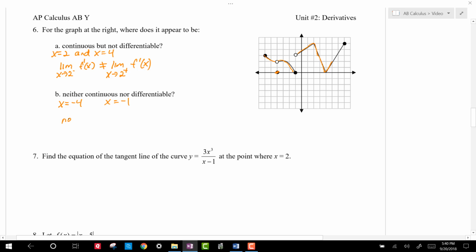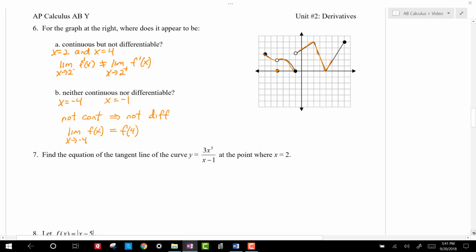If I am not continuous, that implies not differentiable. Okay, how do I know I'm not continuous? Well, let's just look at x equals -4. The limit as x approaches -4 of f of x does not equal the value of f of -4. So therefore I'm not continuous, and not continuous means not differentiable.